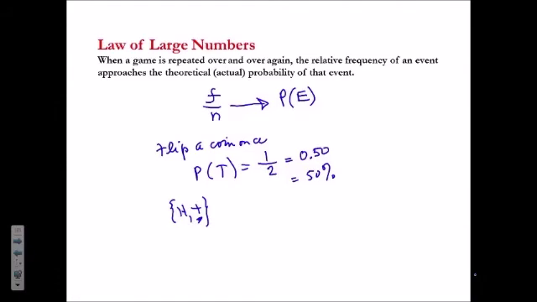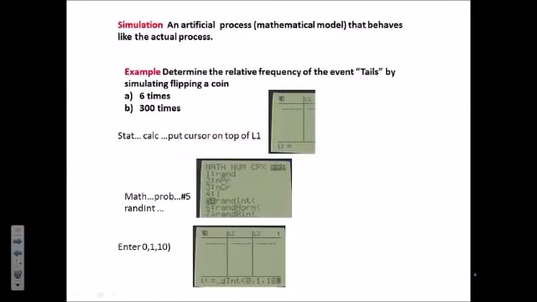Or you could flip a coin 100 times and record the number of tails, and then look at the relative frequency of tails compared to 100 flips. Or you can do a simulation, an artificial process that behaves mathematically like the actual process of flipping a coin.